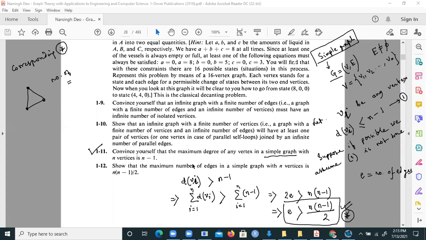According to this, if star is true, the number of edges in this graph should be greater than 3 into 3 minus 1 by 2, so E should be greater than 3.